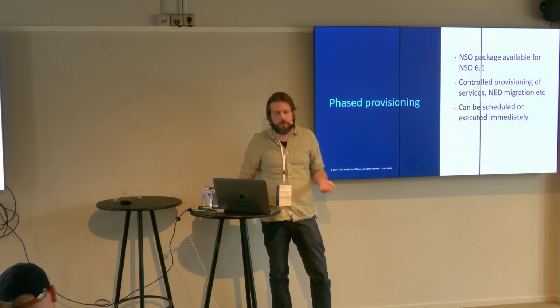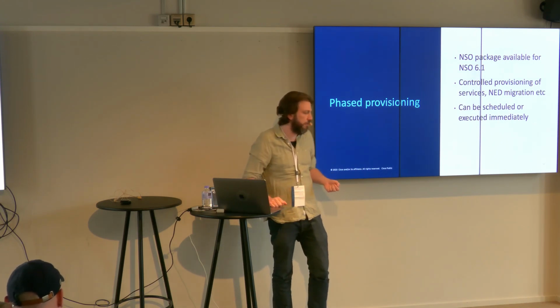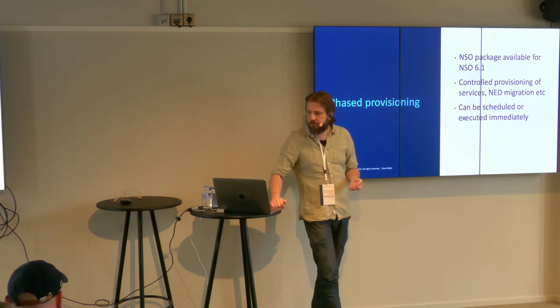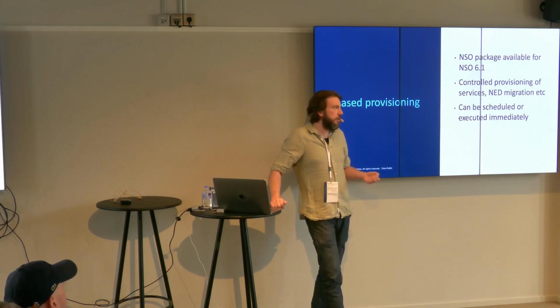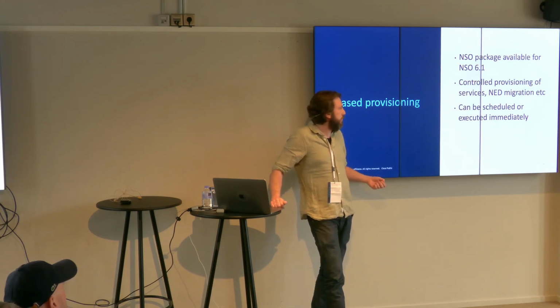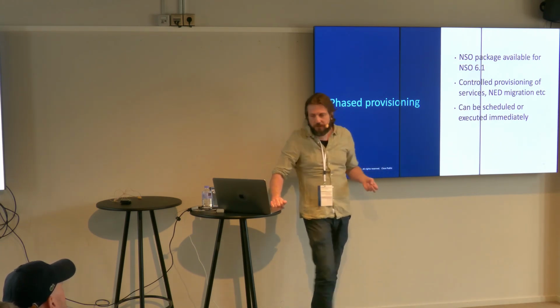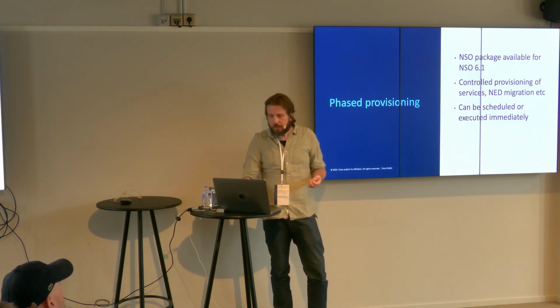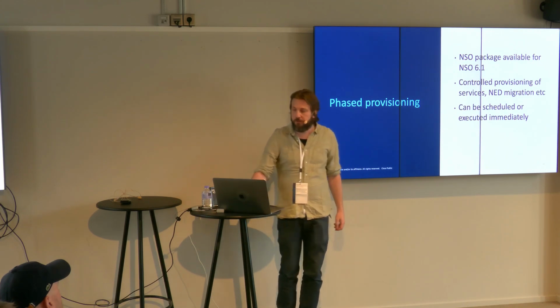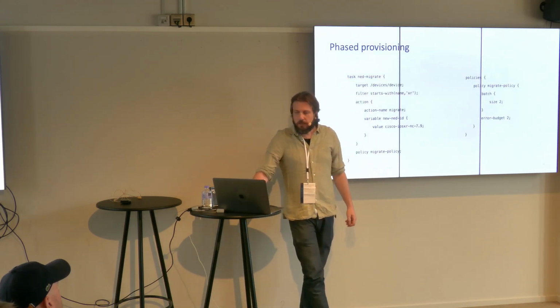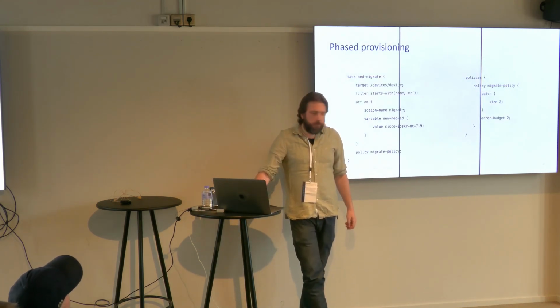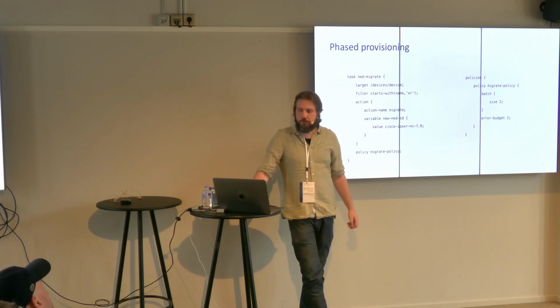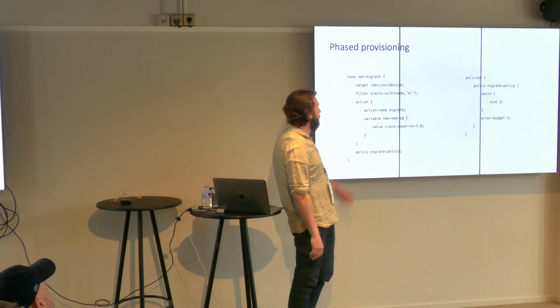Essentially, it calls one action and allows you to configure, check whether it was successful or not. It allows you to schedule this. You can either trigger it manually, or you can schedule it to run at a certain time, if you want to say, do this phased, but still do it in a maintenance window or low traffic hours. So the configuration of phased provisioning for NED migration that I use for this is that I have a target node, which is device.